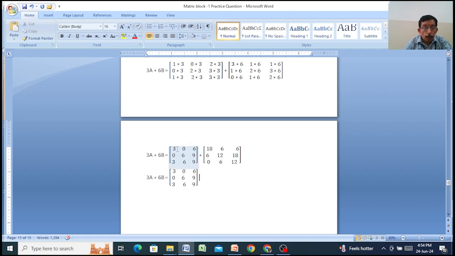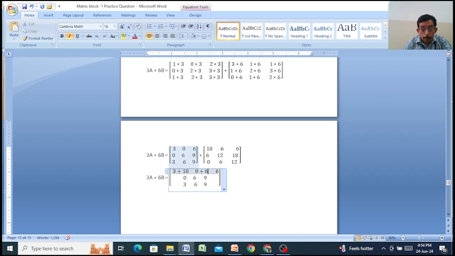The first row, first column element is 3. The corresponding element in the second matrix is 18. So 3 plus 18. The first row, second column element is 0. The corresponding element in the next matrix is 6. Then add 0 plus 6.